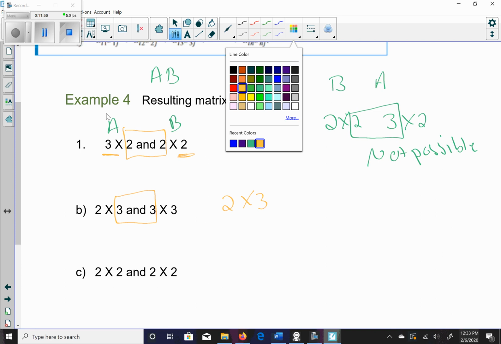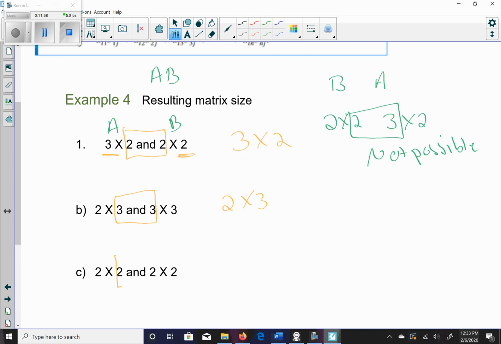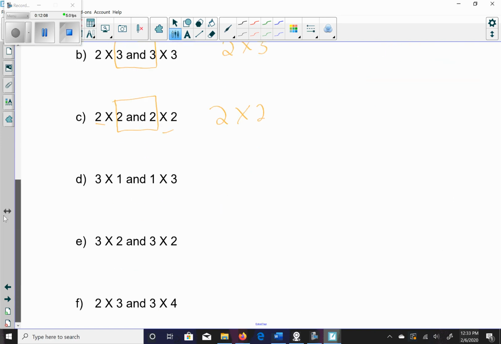So in C, I have a 2 by 2 times a 2 by 2. These twos are the same, and my resulting matrix is going to be a 2 by 2. Going down. On D, I have a 3 by 1 and a 1 by 3. These match, and when I multiply, I'm going to end up with a 3 by 3.